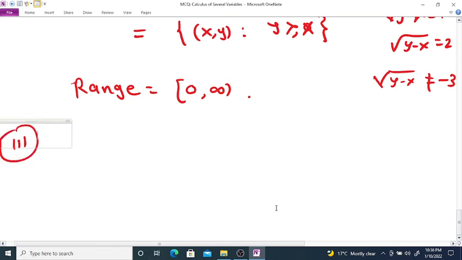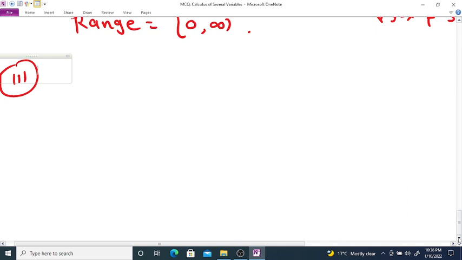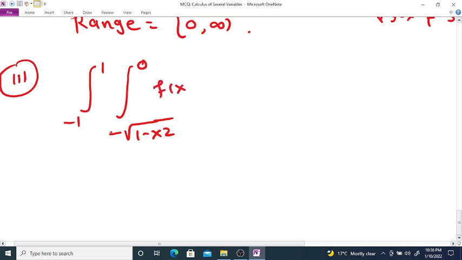Now next example number 3. We are going to change the order of the integration. The integral is from minus 1 to 1, and the integration of y from minus square root of 1 minus x square to 0 of f of xy dy dx.